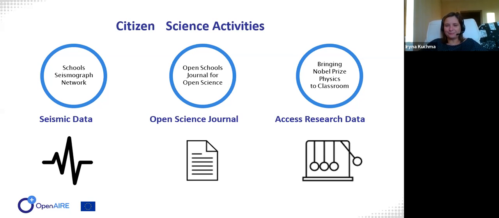To me, they are one of the most rewarding activities, because we collaborate with schools to collect seismic data. So these schools are based in places which are affected by earthquakes, and they have seismographs installed in their schools. They collect data.